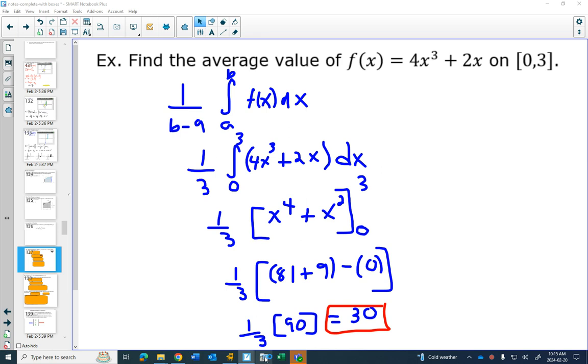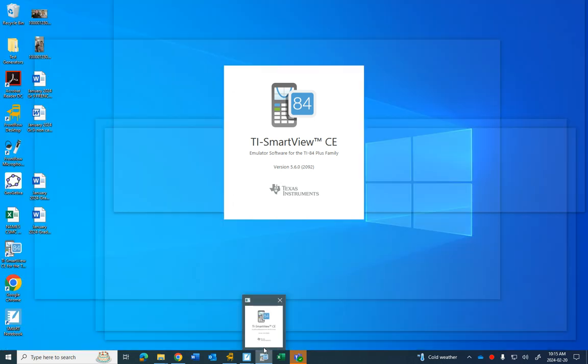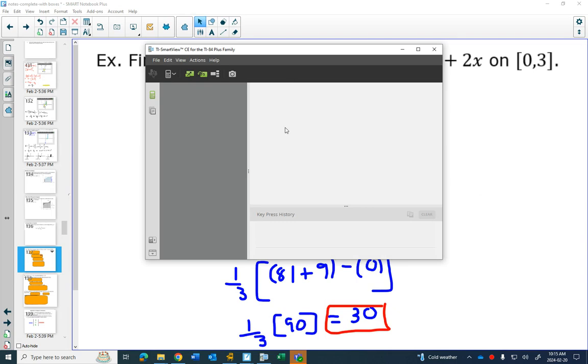Just going to take out the calculator and show you what the 4x cubed plus 2x graph looks like.